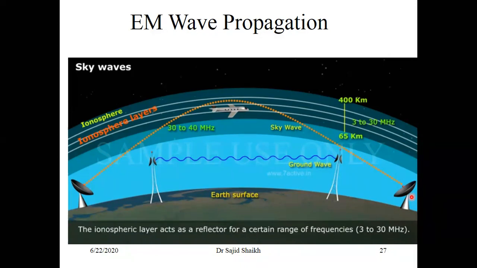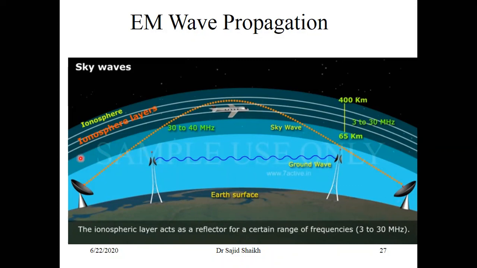Now we know that ground wave propagation is suitable only for lower frequency, from 1 hertz to some kilohertz. If we increase the frequency, the quality of the signal degrades. So the solution is to use the ionospheric layers, or skywave propagation.